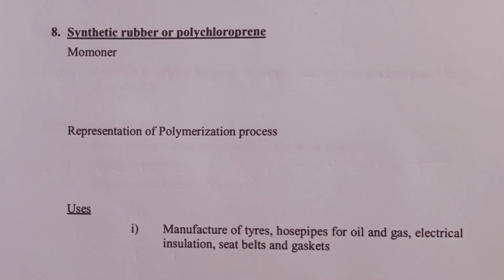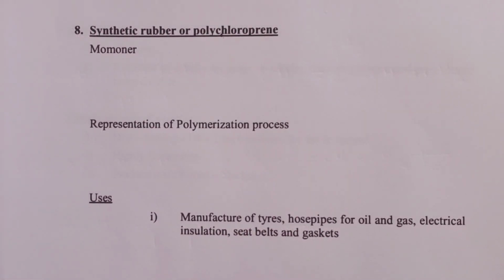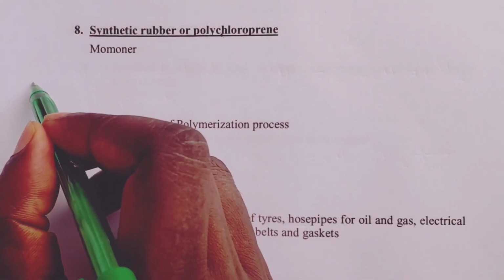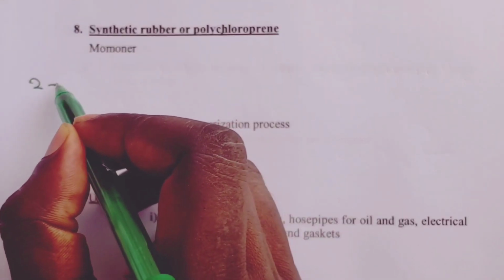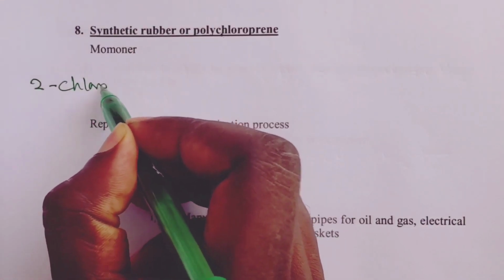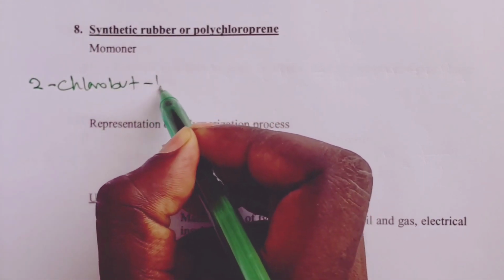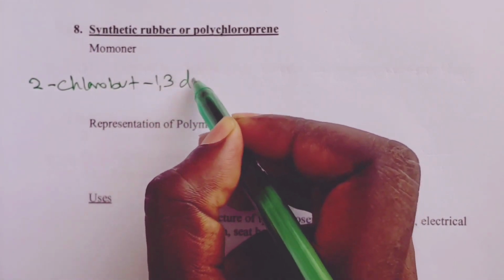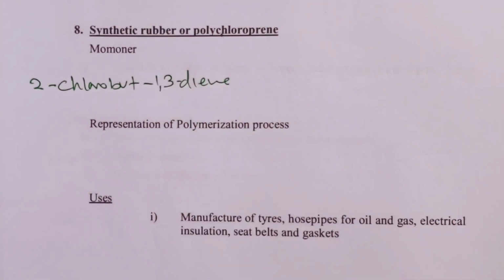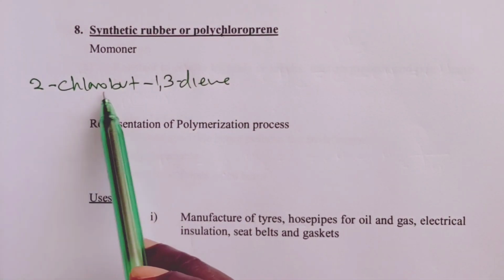The monomer for our synthetic rubber is just similar to that of natural rubber. The monomer now becomes 2-chloro-but-1,3-diene. Remember, for the natural rubber, the monomer was 2-methyl.